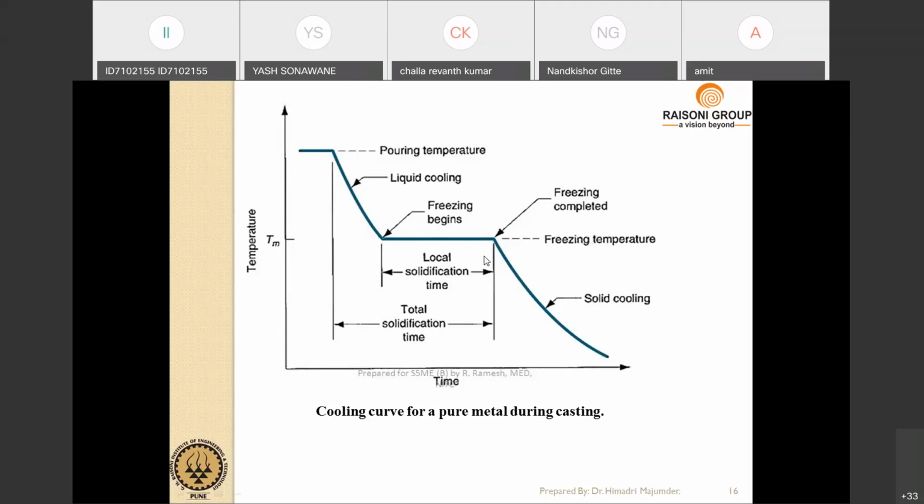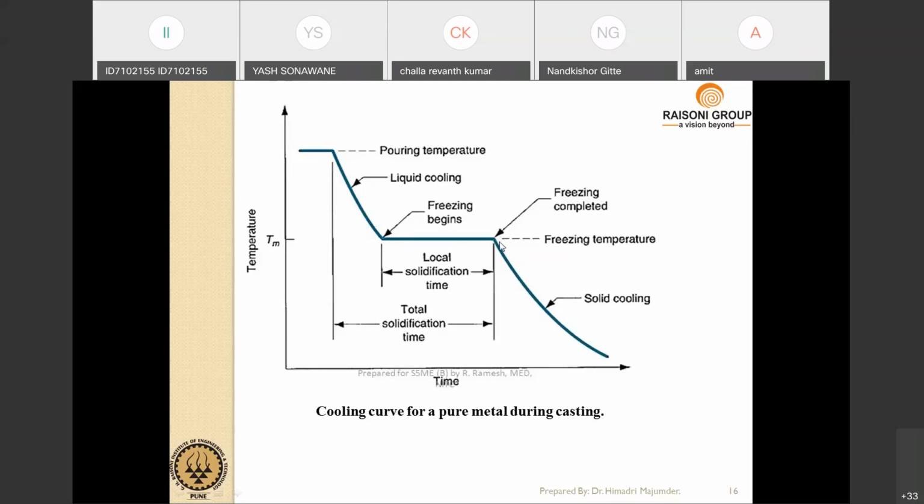We keep it for some time, then it goes through the local solidification time. As you can understand from the name itself, during this duration the liquid material gets some time to get solidified. During this local solidification time, that liquid material will completely solidify, and at that point all the liquid material is solidified.